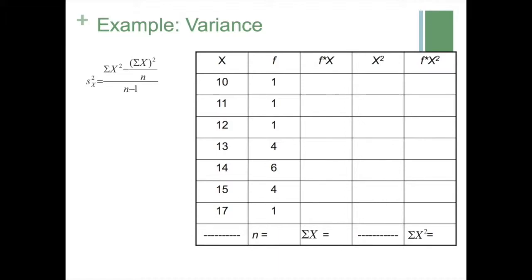So now, while calculating this example variance from that sample data set, we can fill out these charts, and we've been practicing this over the last few activities. I'll just fill out the top row here before clicking on to the next slide. So 10 times 1, that's f times x, right? Gives us 10. 10 squared is going to give us 100. And then the frequency f times x squared, so that's 1 times 100, right?